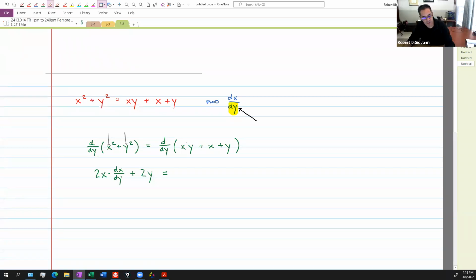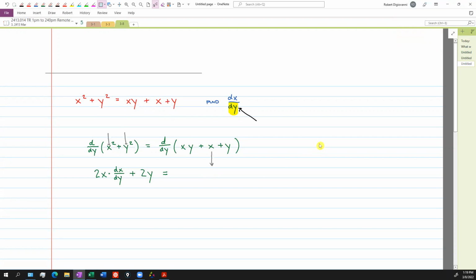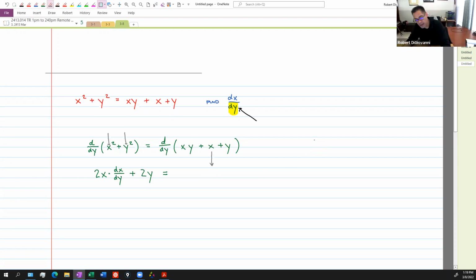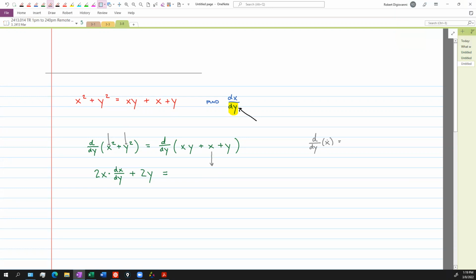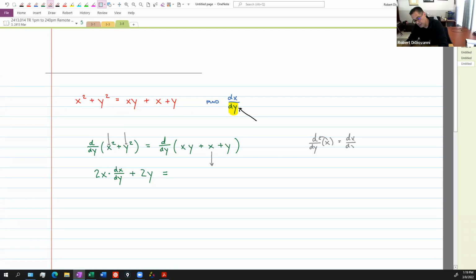Okay, well, let's just try this together. Right here, we have take the derivative of the right side. Let's do these two. What would the derivative of x be, Hele, with respect to y? So what I'm really asking is, what is the derivative with respect to y of x, right? Pop the x up here, and you just get dx dy.